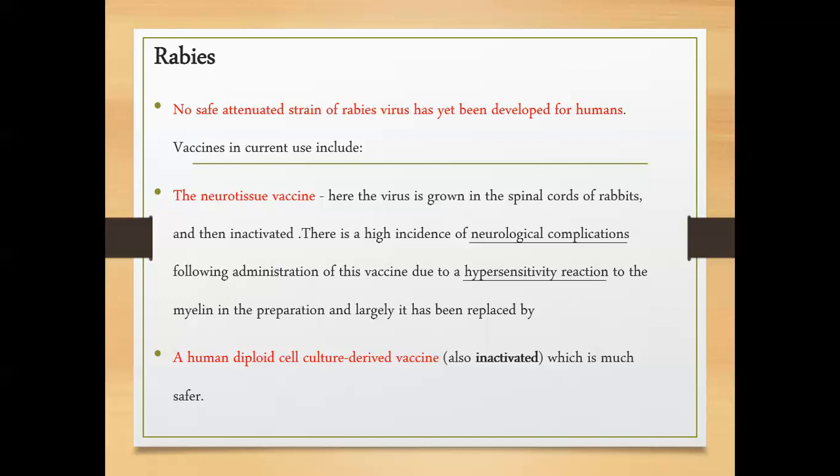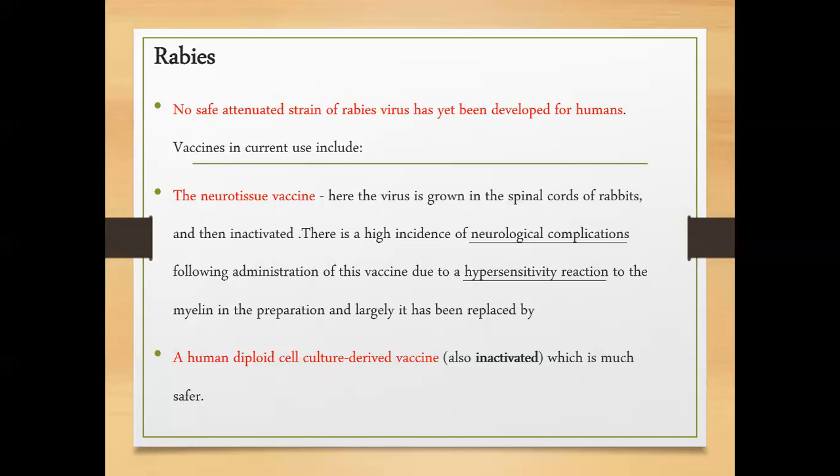And after the injection of the rabies vaccine, the patient experiences different neurological conditions, which are side effects of this vaccine. The vaccines which are currently in use are the neuro tissue vaccine and the human diploid cell culture derived vaccine.